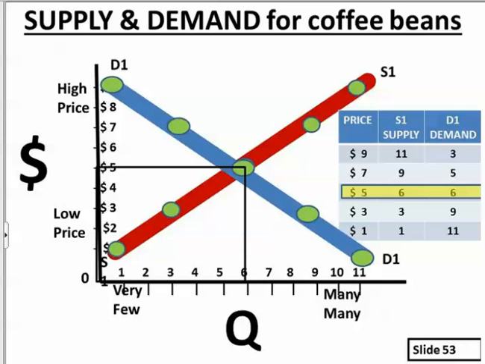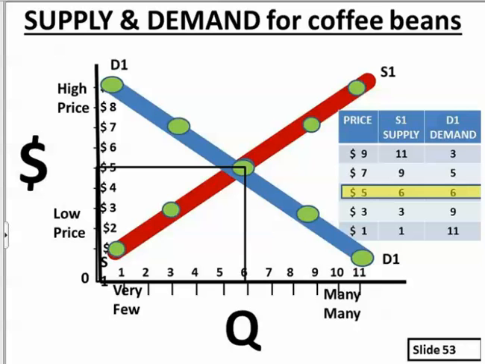Well, if we take those 2 curves, assuming they are for the same commodity, in this case I'm saying it was coffee beans, and we have the supply schedule in the blue chart on the right side of the picture in the middle column, and on the far right column, we have how much is demanded at each of those prices. And we see there is one price where the amount that suppliers are willing to supply is exactly equal to the amount that consumers are willing to demand.